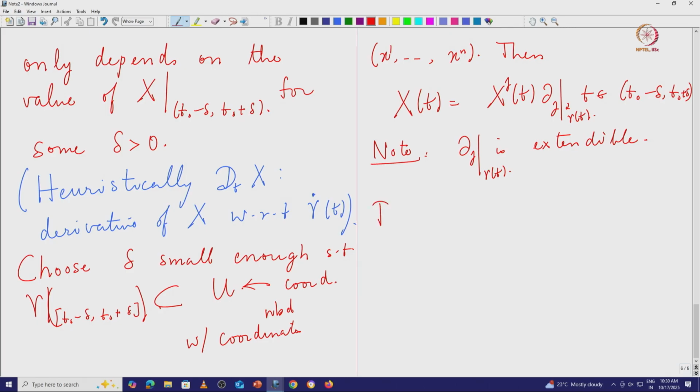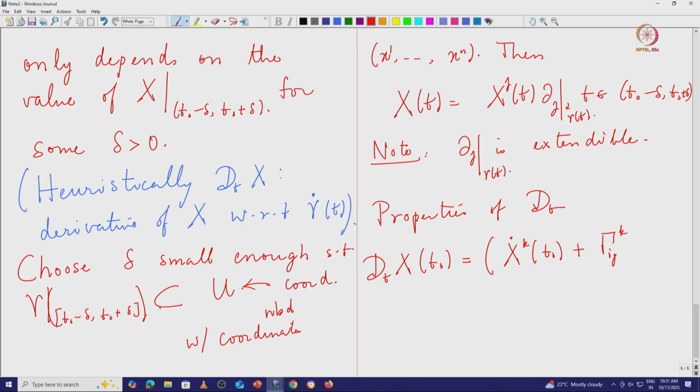So then by the properties of Dt, the properties that we demand of Dt, Dt of x at this t naught is basically just given by the derivative of the kth component of x at t naught plus gamma ijk times xi at t times the velocity vector at t, this whole thing times del k.